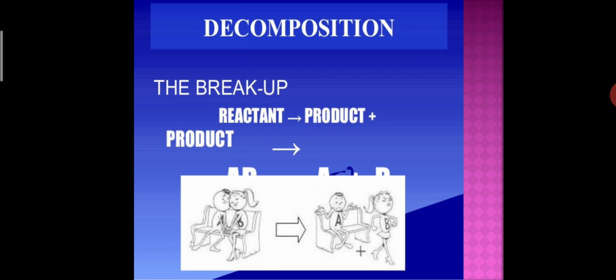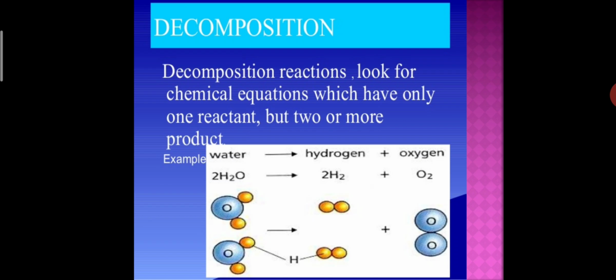Let's see this one, the breakup. One reactant is there, and when it separates out, that is called a decomposition reaction. Reactant gives product plus product. It means the reactant is split into two products.